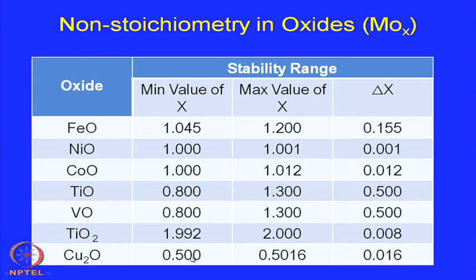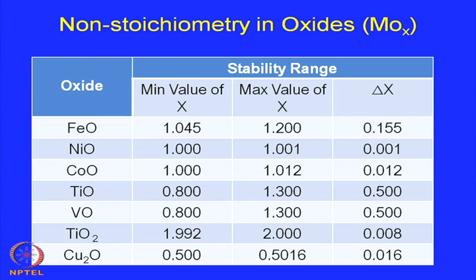Cu2O is 2:1 actually, so instead of 0.5 it is 0.5016.